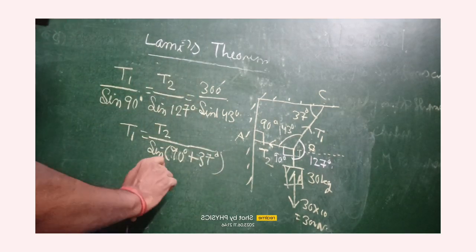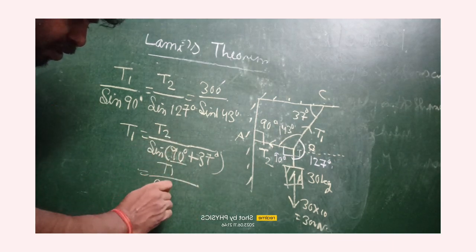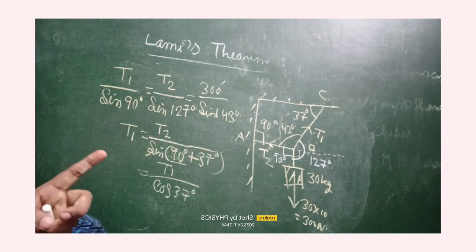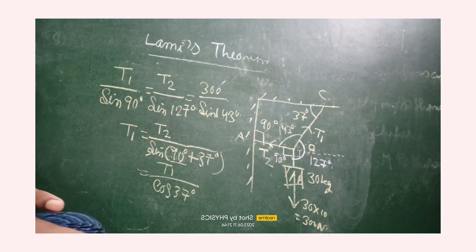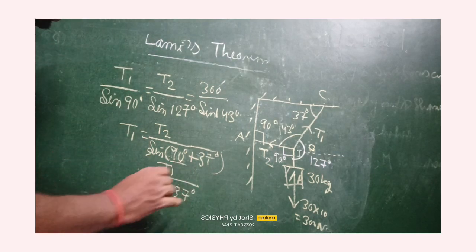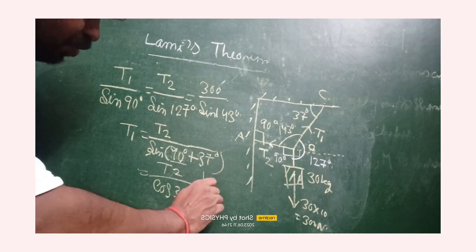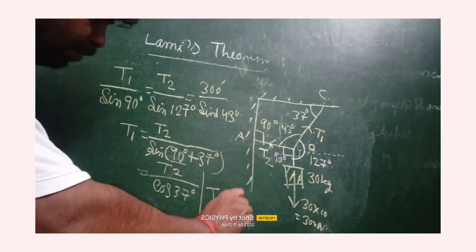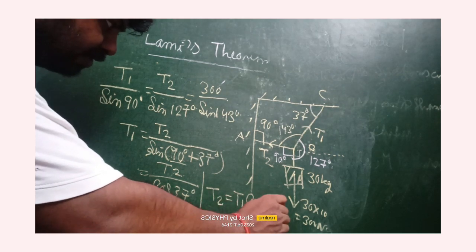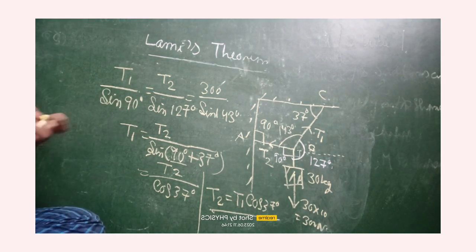That is equal to T2 over cos of 37 degrees, because sine lies in the second quadrant, and in the second quadrant sine is positive. So T2 is equal to T1 into cos of 37 degrees. We'll get the value of T2 from that equation.